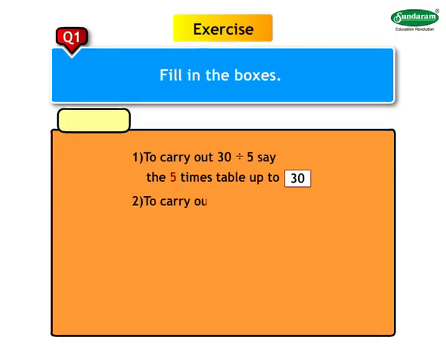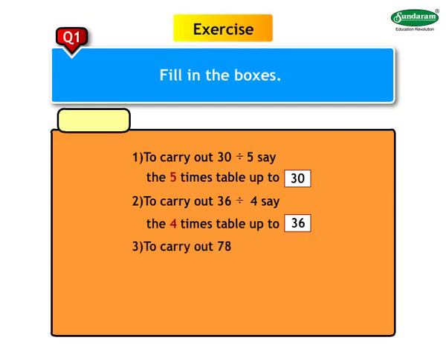To carry out 36 divided by 4, say the 4 times table up to 36. 3. To carry out 78 divided by 13, say the 13 times table up to 78.